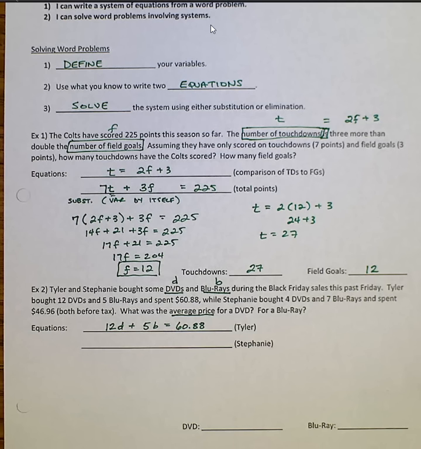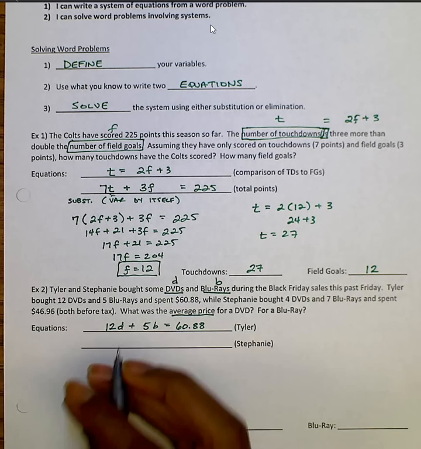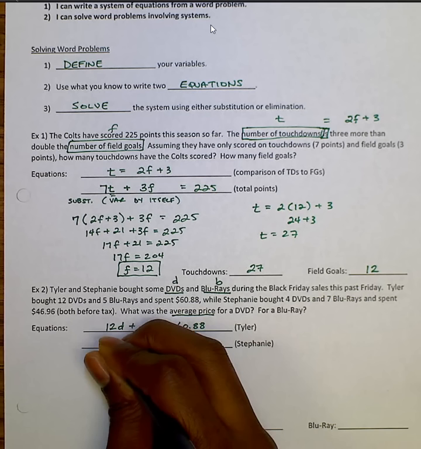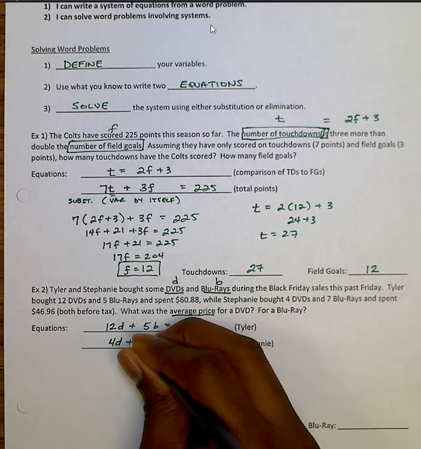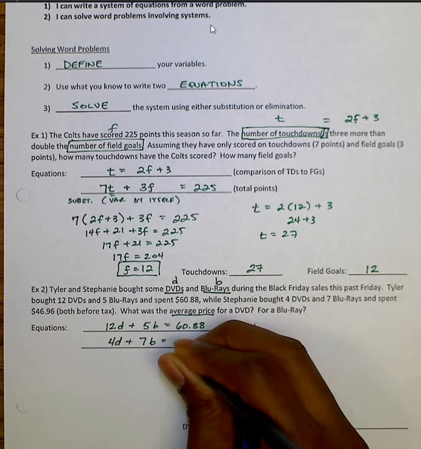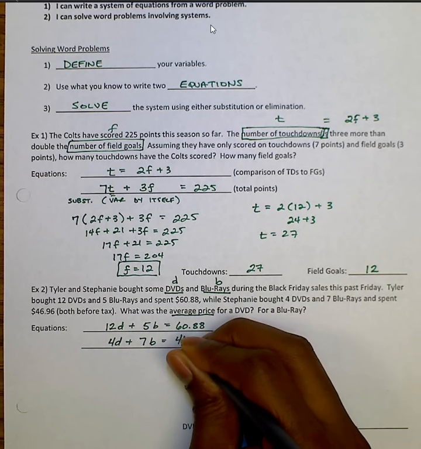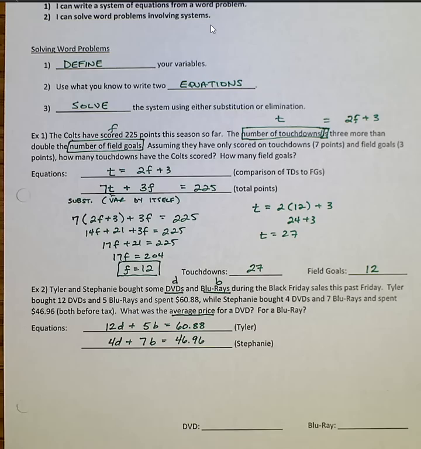In Stephanie's trip, she bought 4 DVDs and 7 Blu-rays, and that cost her $46.96.